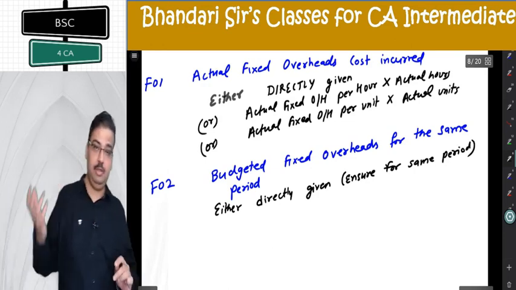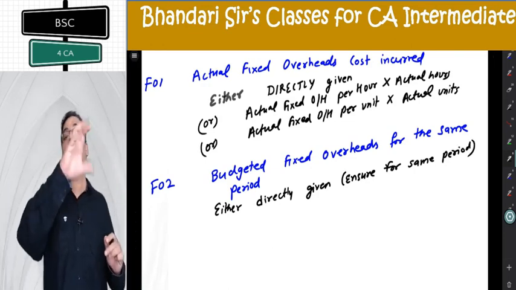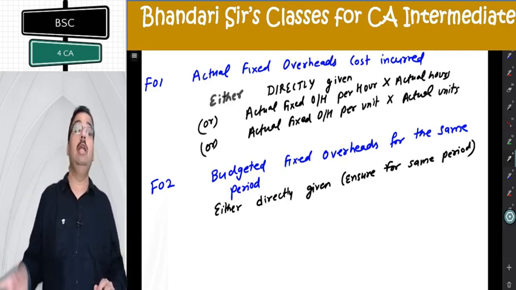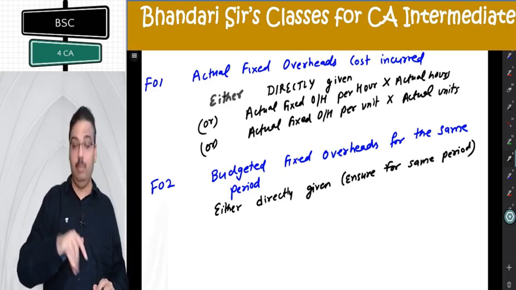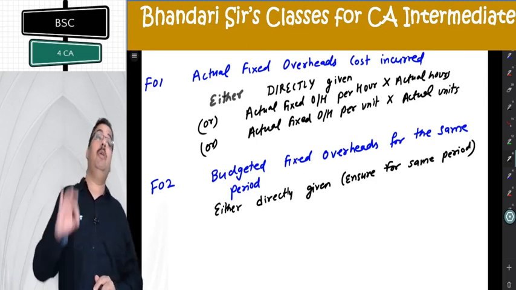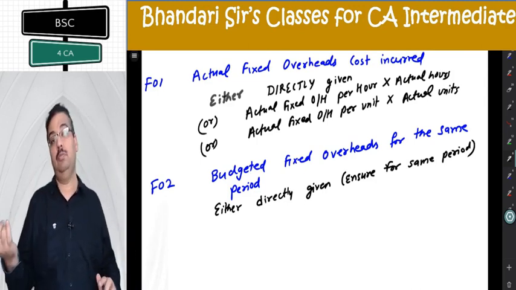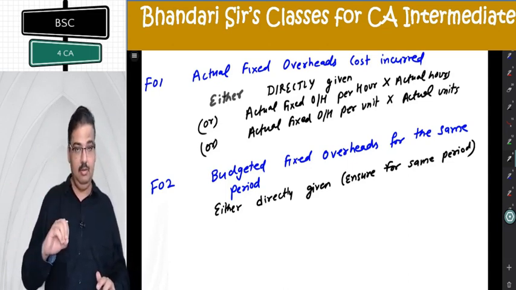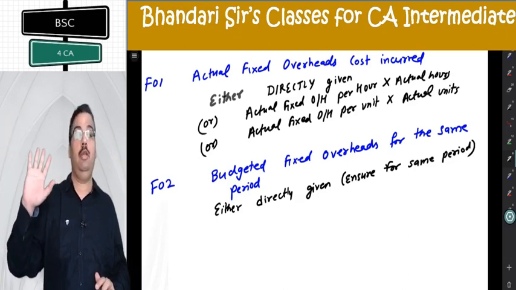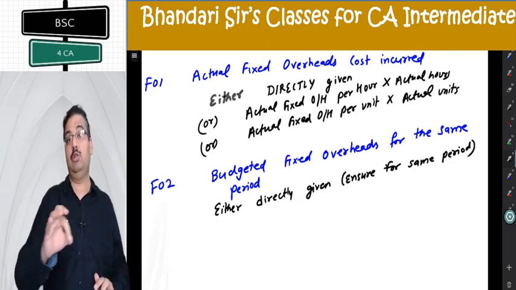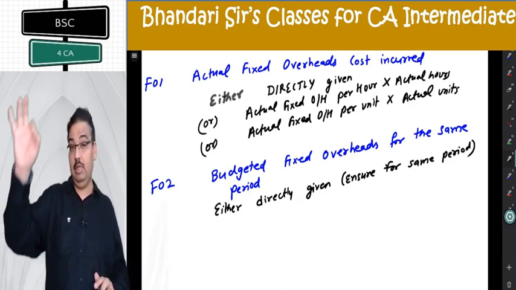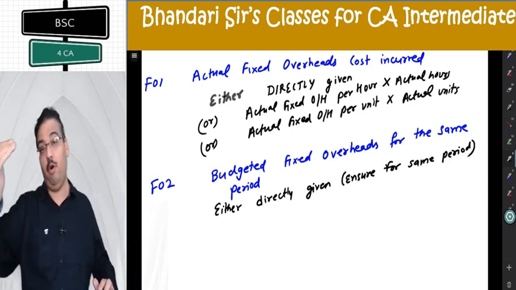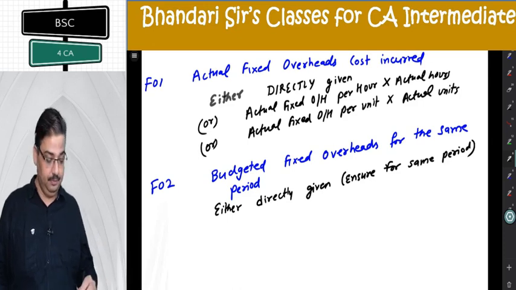One question gives actual monthly fixed overhead, budgeted annual fixed overhead. I need to convert budgeted into monthly because budgeted will be for the same period as the actual. So if it is given for different periods, make it in accordance with actual. If actual is monthly, make budgeted also monthly. If actual is annual, make budgeted also annual. So budgeted has to conform to the actual.